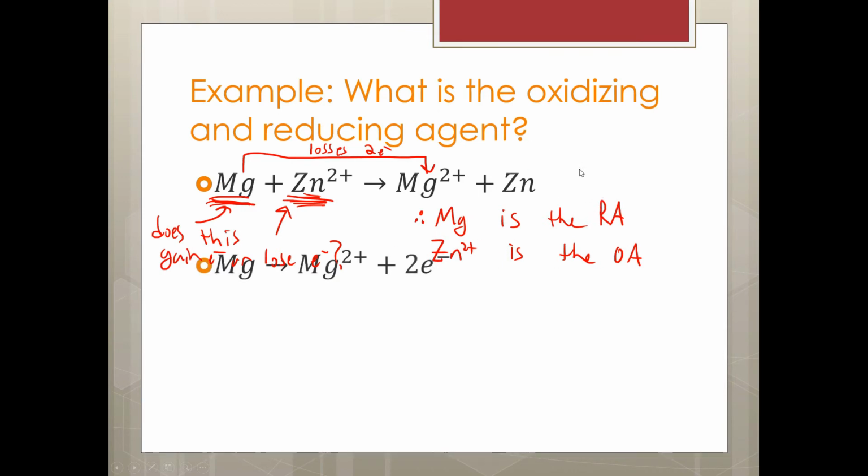And you can sort of think of it like this. You have two reactions, and the first of which is this one, where the magnesium loses its electrons. So you have magnesium going to magnesium 2 plus and creating 2 electrons. The other reaction is the zinc 2 plus gaining those electrons and becoming zinc.